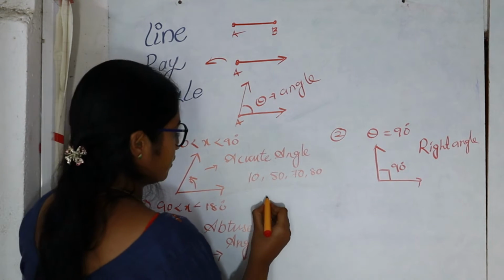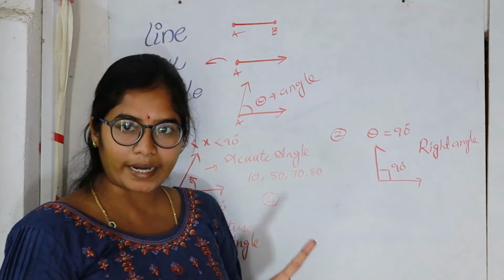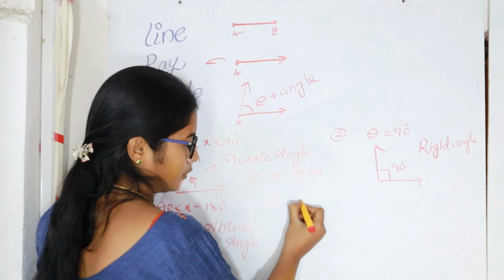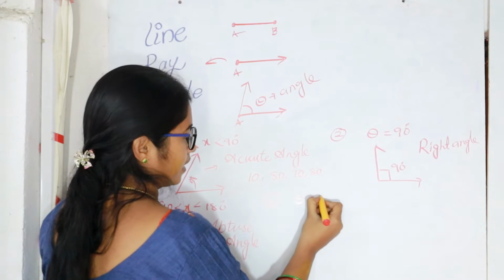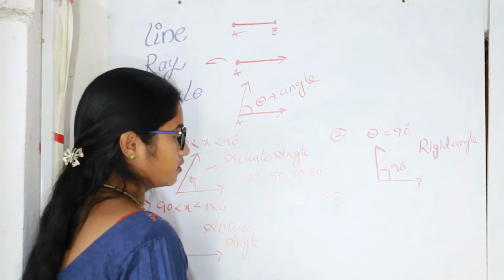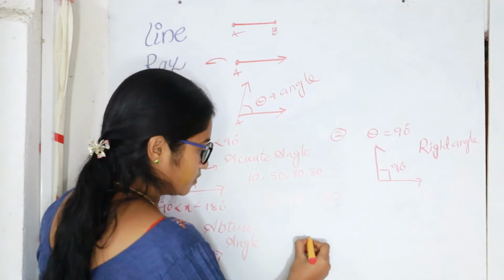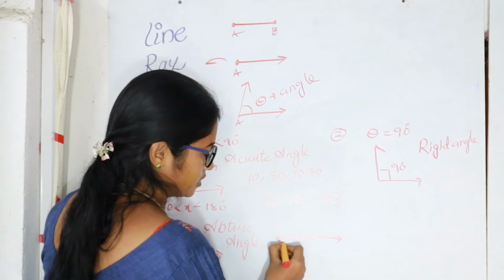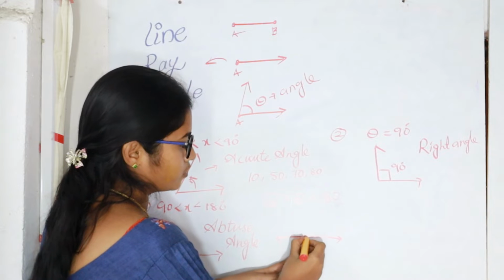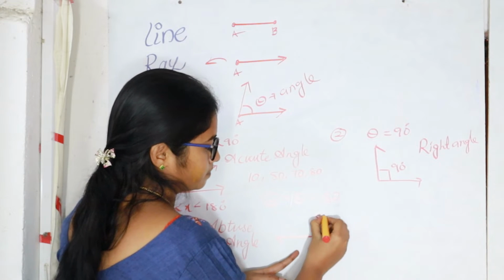And the fourth one: if the angle between two rays, theta, is exactly 180 degrees, then this is one ray and exactly opposite is another ray, with the common point being the origin. Such an angle is called a straight line.